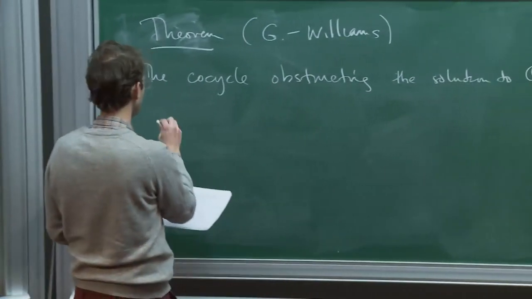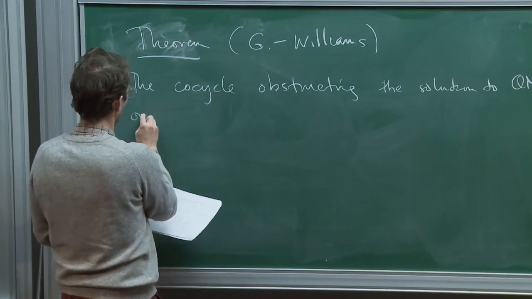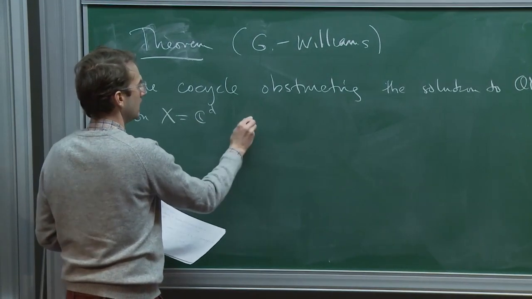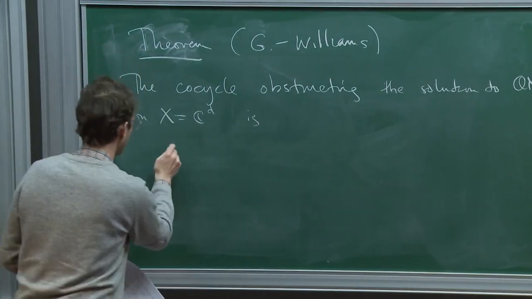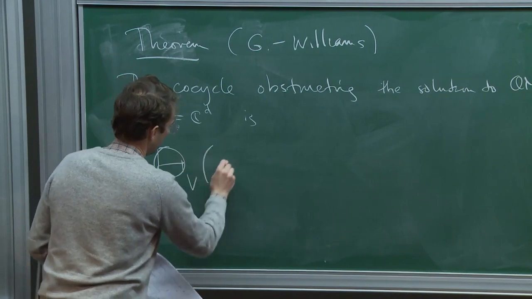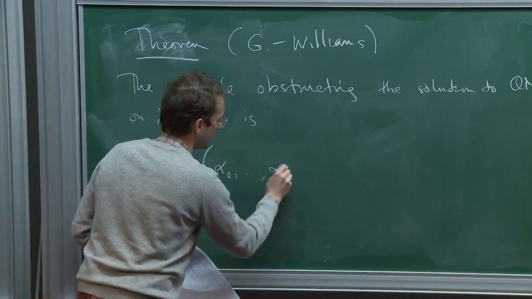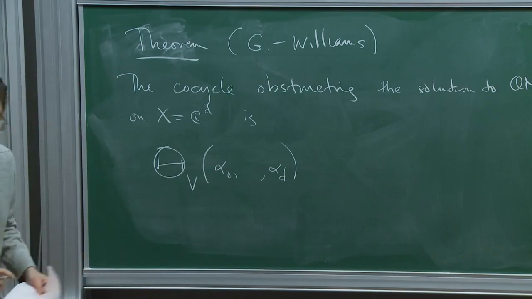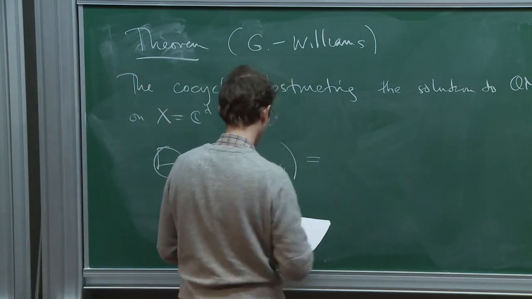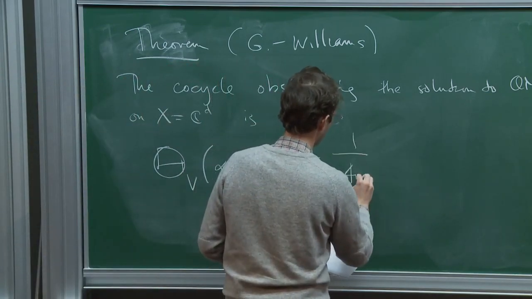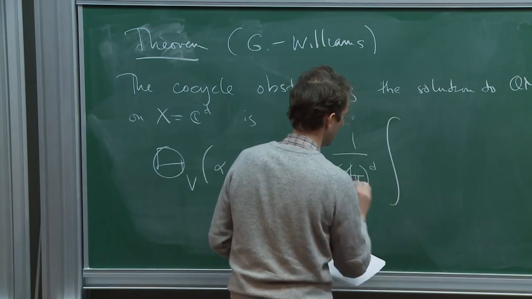So this cocycle on X equals C^d is given by the following. It takes in d plus 1 inputs of alpha. So only the wheels that have d plus 1 legs survive as anomalies.